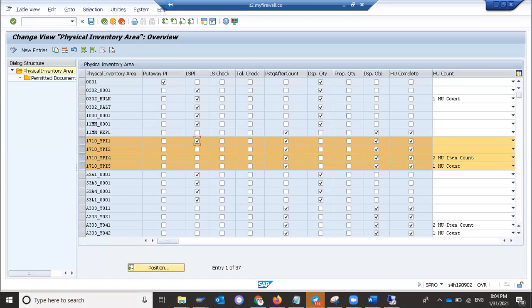BMW's car is not so high in demand as compared to Toyota. BMW is a high-end car, class D or class C. So we are the suppliers for the steering of BMW cars, and there we can do CC.